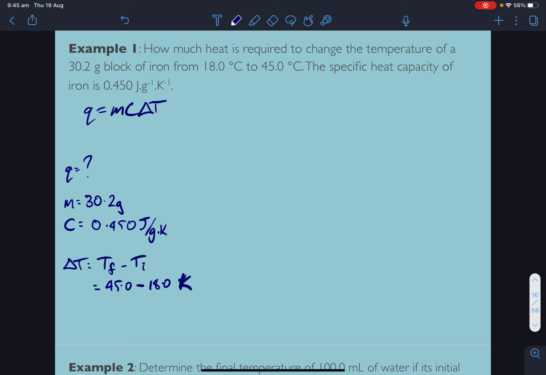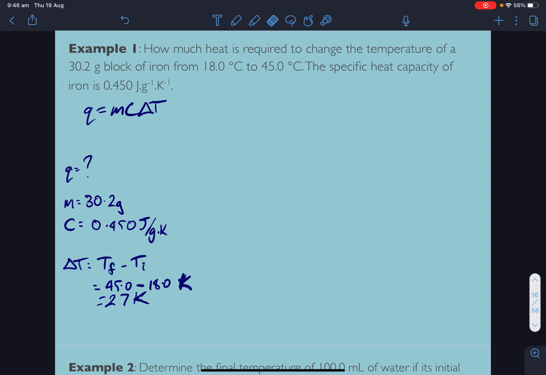Okay. So I'm going to work out my delta T, 45 minus 18. I'll put it in my calculator, which is really lame, but it's 27 Kelvin difference.